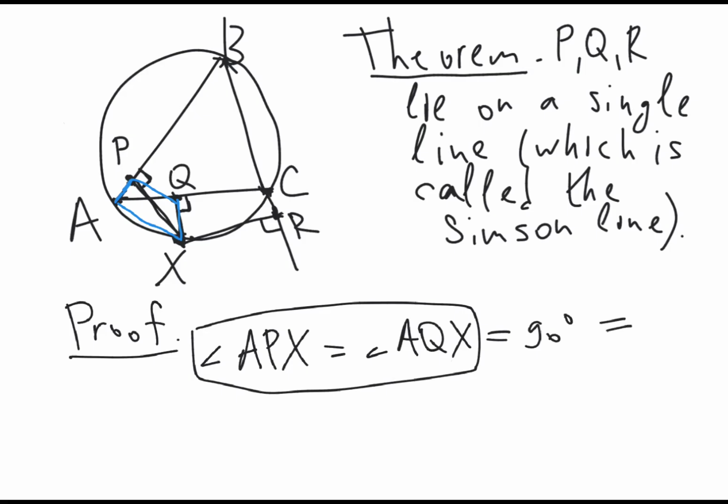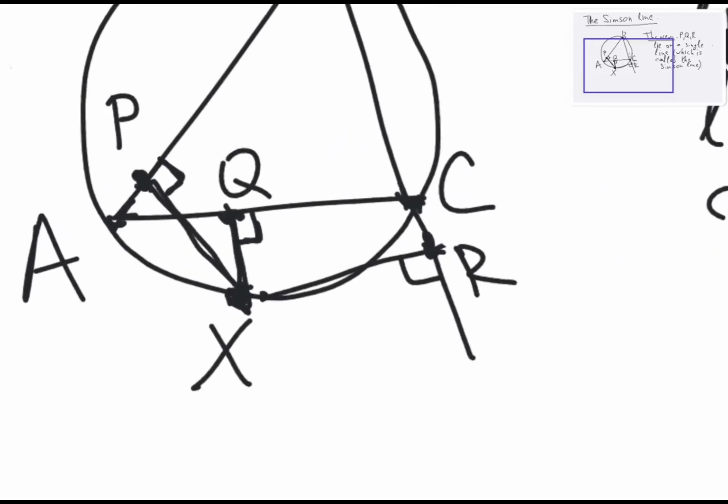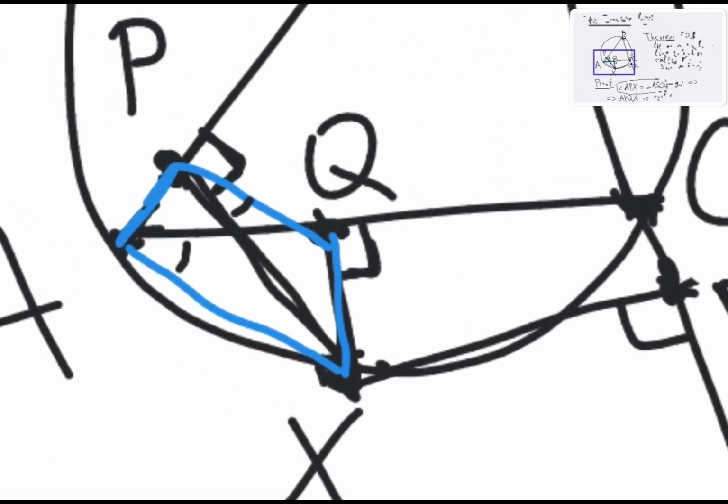So this quadrilateral APQX is cyclic. Because it is cyclic, we have the equality of the other angles. So let's say this angle is equal to this angle, and let's denote this angle by x.